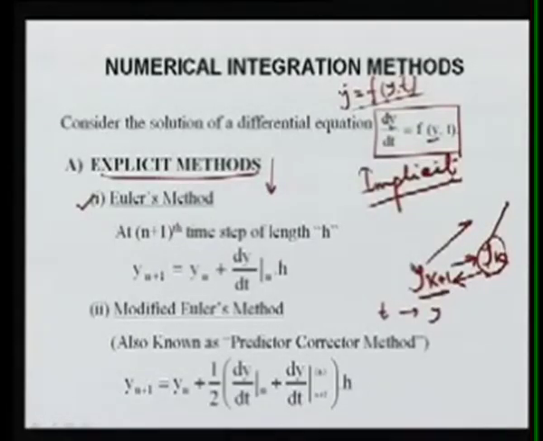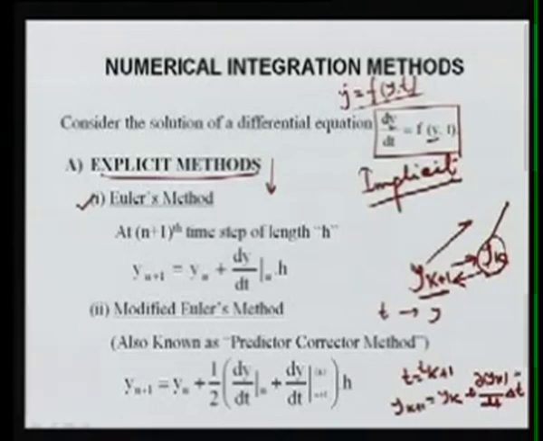Here at any time t equal to t k plus 1, we can write y k plus 1 using the Taylor series expansion, that is y k plus dy k over dt times the difference in time, plus several other higher order terms. If you ignore the higher order terms, dy over dt is nothing but your function f of y, t. So we can get y n plus 1, where n is the iteration, starting with n equal to 0.